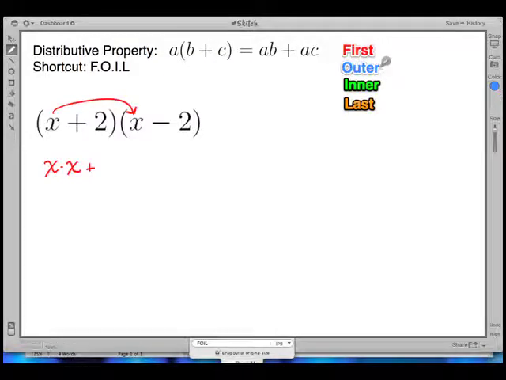Our O stands for outer. That's going to tell us to multiply the outer terms. So the outside terms are x and negative 2. So let's draw an arrow over here.